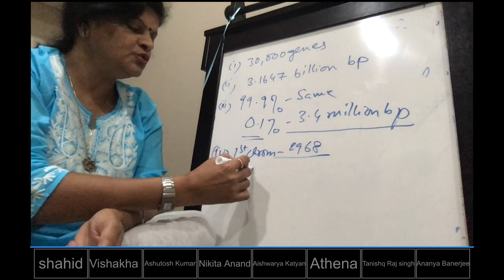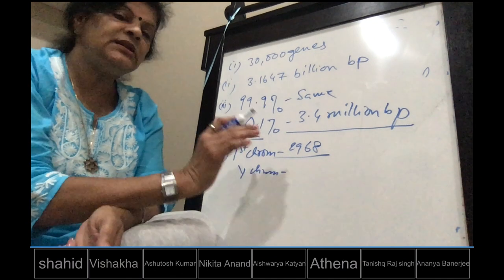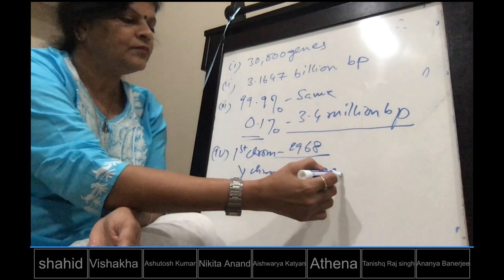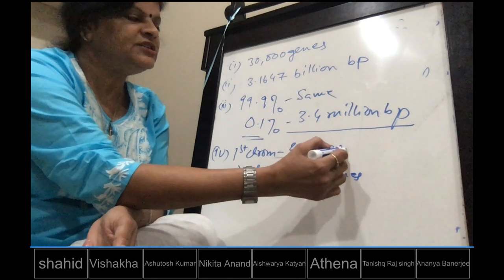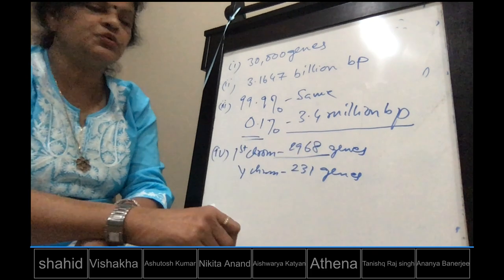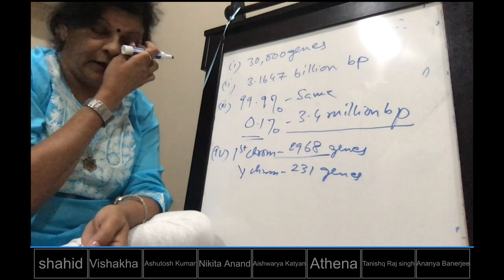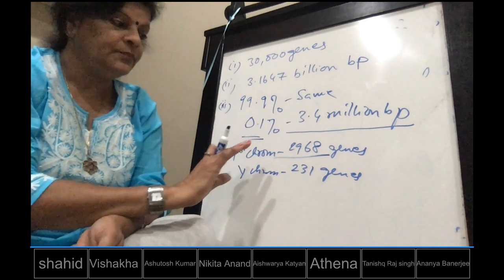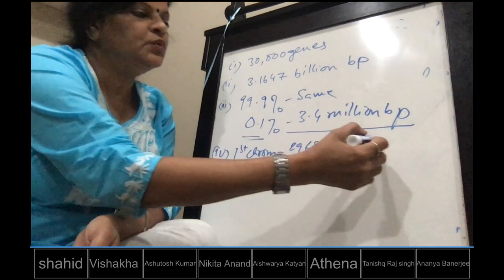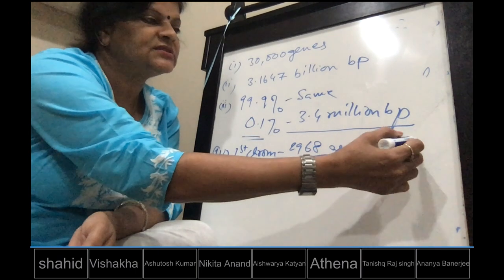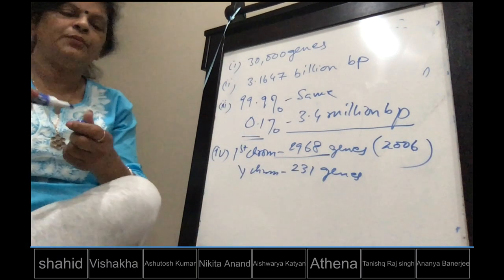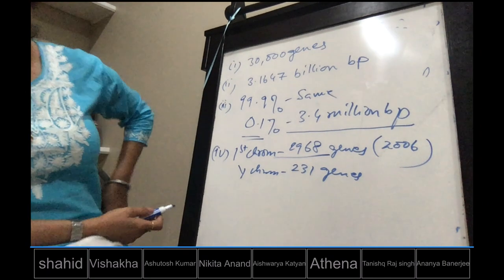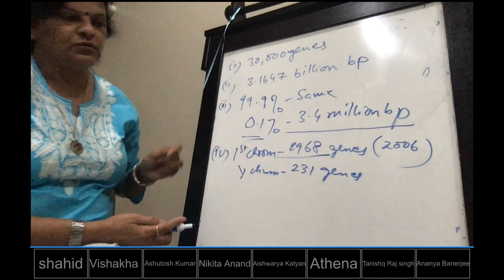And the Y chromosome has the least number of genes, which is 231 genes. And the genes in the first chromosome were only completely discovered in 2006. Human Genome Project was supposed to end in 2003, but its discovery was made only in 2006, so 3 years later.